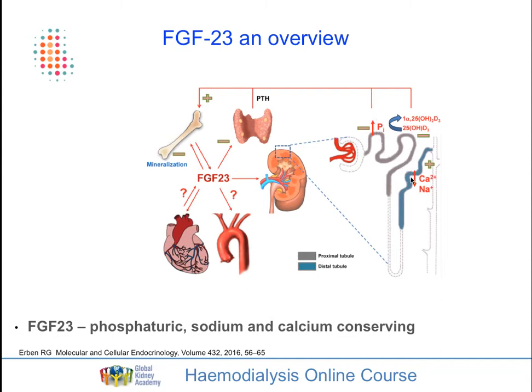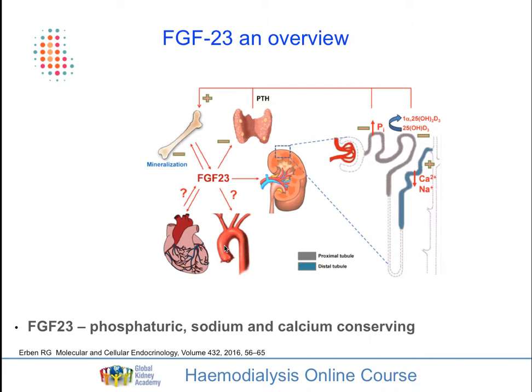It's also calcium and sodium conserving by increasing calcium and sodium reabsorption from the distal tubule, and it also has a direct inhibitory effect on the activation of vitamin D. Okay, so those are effects on the kidney, but as FGF-23 rises, there are inhibitory effects on the parathyroid hormone, but also there's increasing evidence that FGF-23 may be, in animal models, directly cardiotoxic, may induce left ventricular hypertrophy, and be toxic to the blood vessels as well.